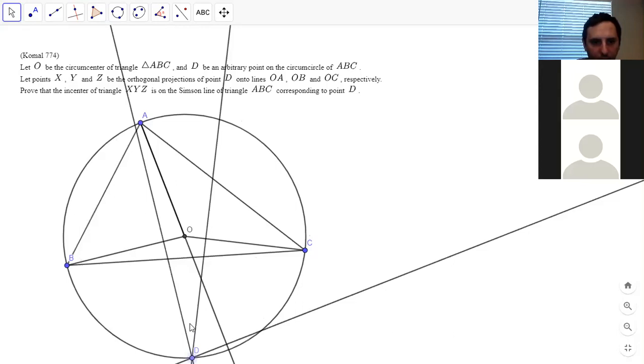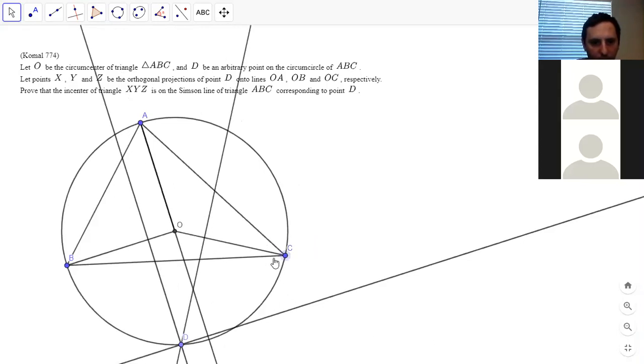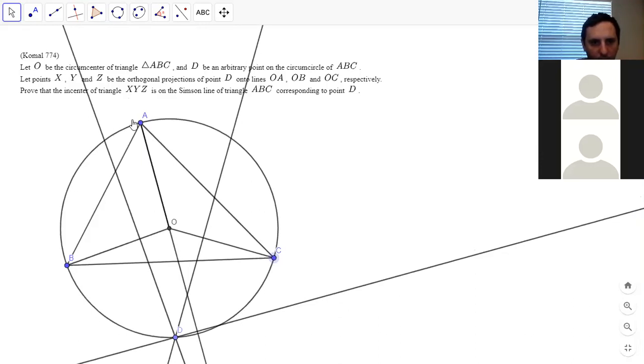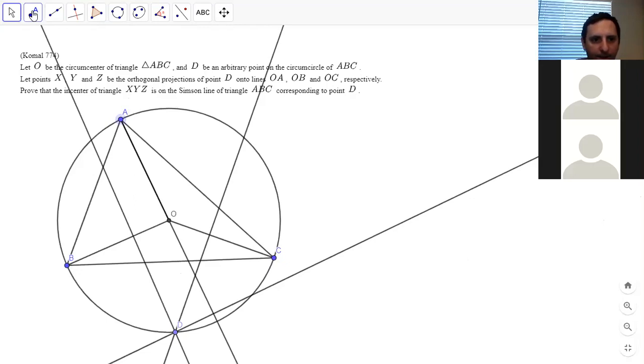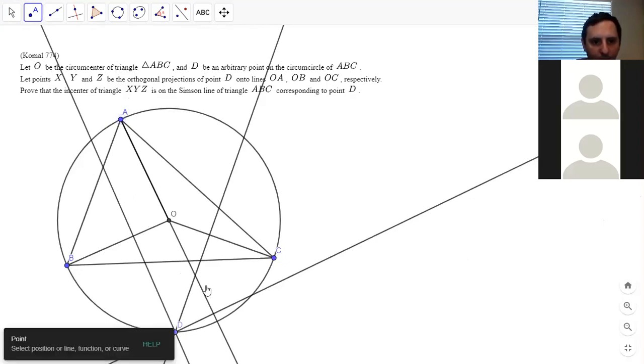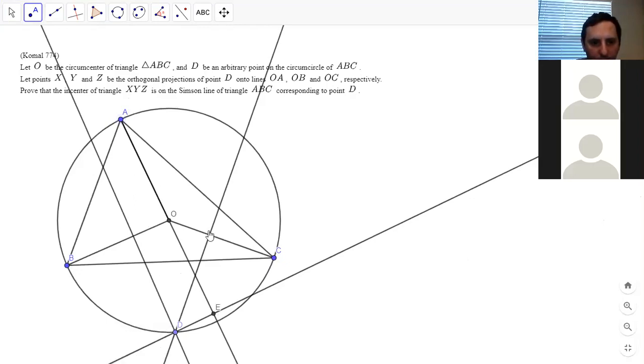Or actually more like that. Okay, yeah, I like that. So this will be X, Y, and Z.